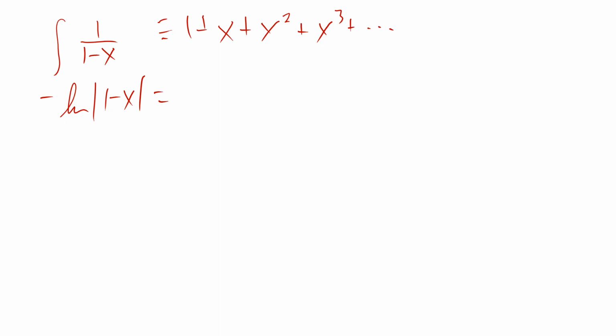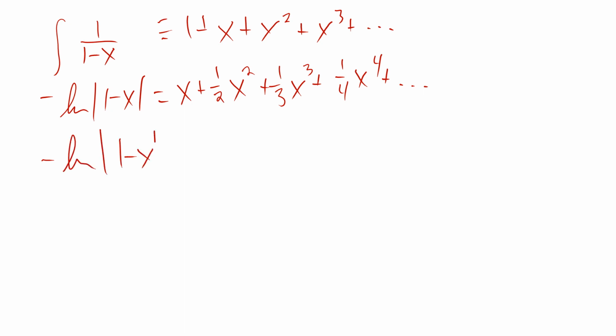So that's going to end up being x plus 1/2 x squared plus 1/3 x cubed plus 1/4 x to the 4th plus dot dot dot, which we can write as a series. Negative natural log of 1 minus x is going to be the sum from k equals 1 to infinity of x^k divided by k.